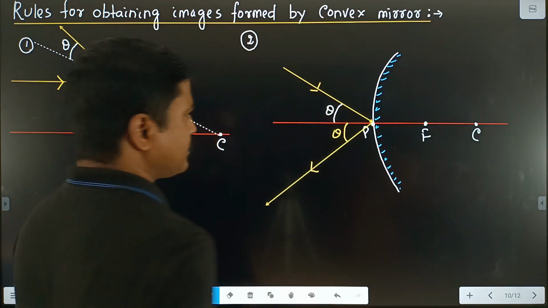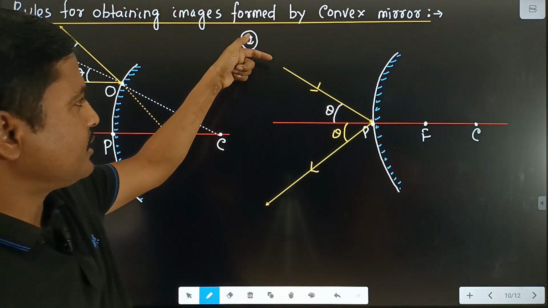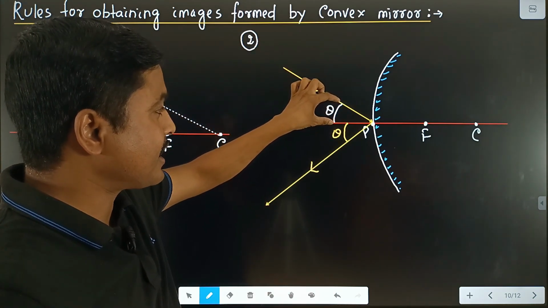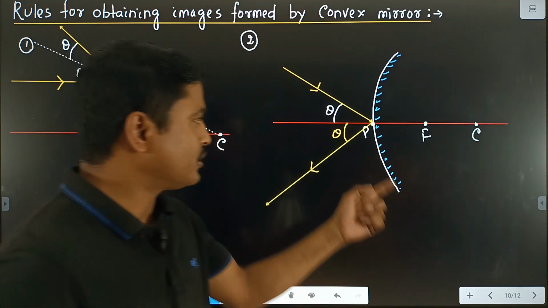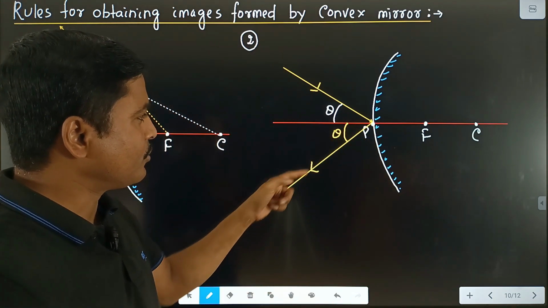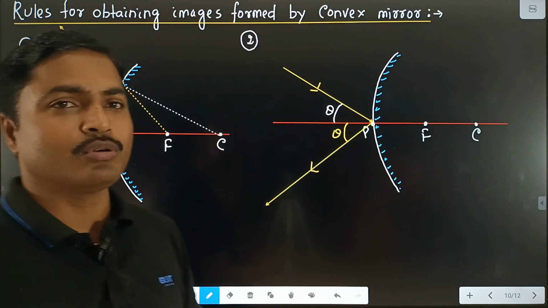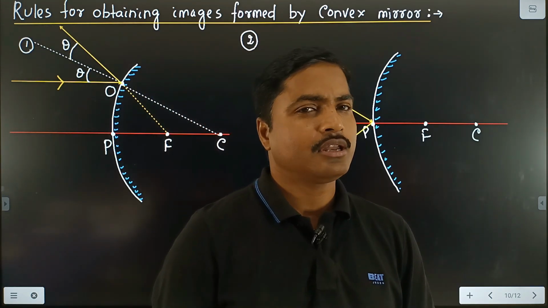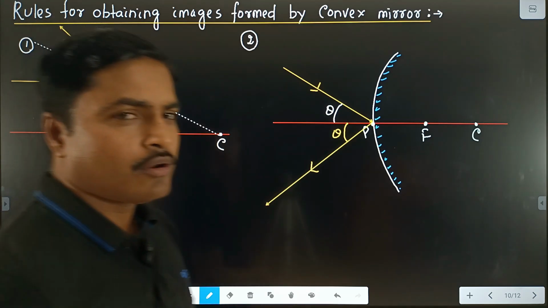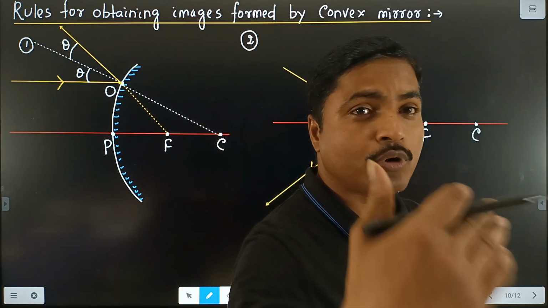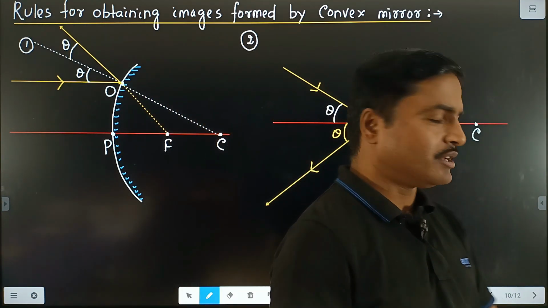This is the incident ray. Clear? That means if the incident ray makes an angle theta with the principal axis, then the reflected ray also makes an angle theta with the principal axis. Clear? With these two rules, now we will discuss the image formed by a convex mirror.